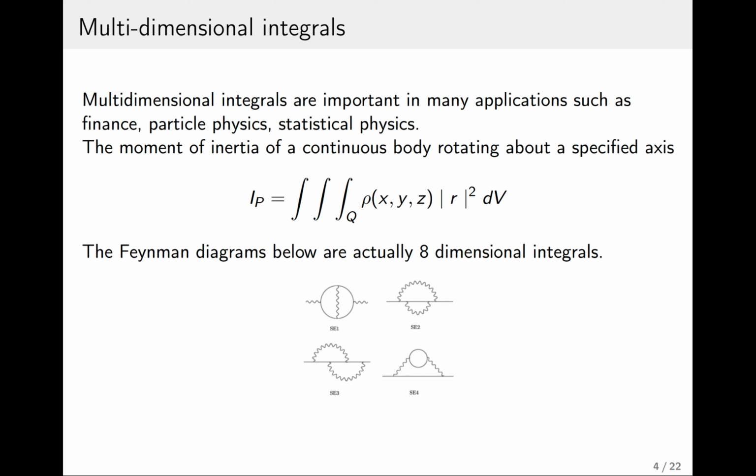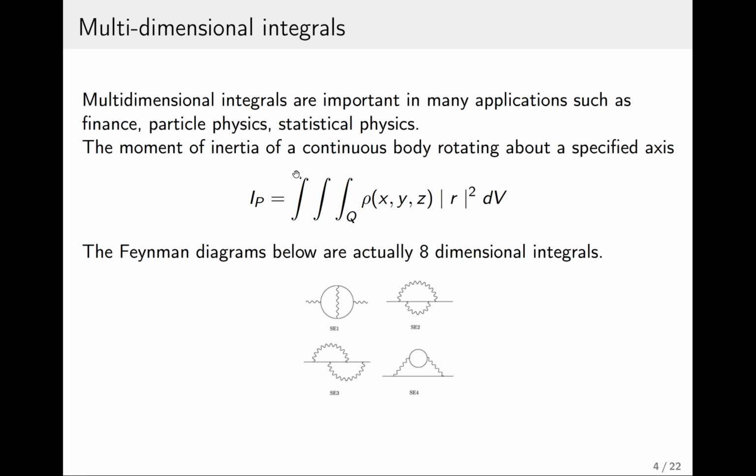The first application we're going to look at for Monte Carlo methods is multi-dimensional integrals. I have a couple of slides on the motivation for multi-dimensional integrals. They're used in many areas of finance, particle physics, and statistical physics.